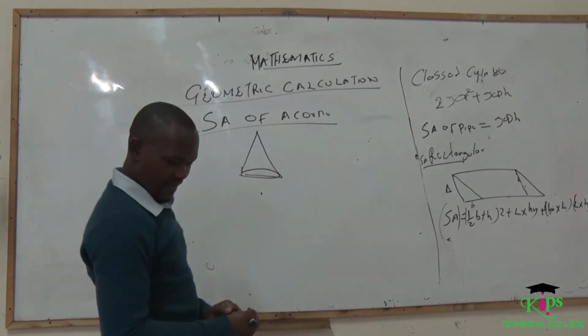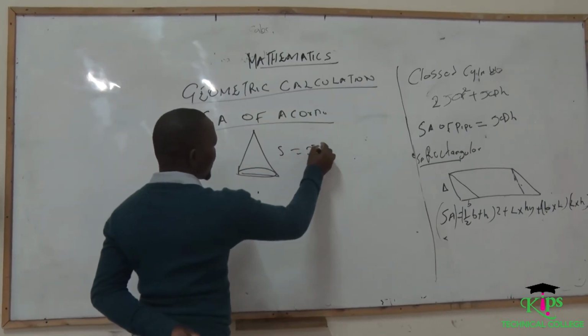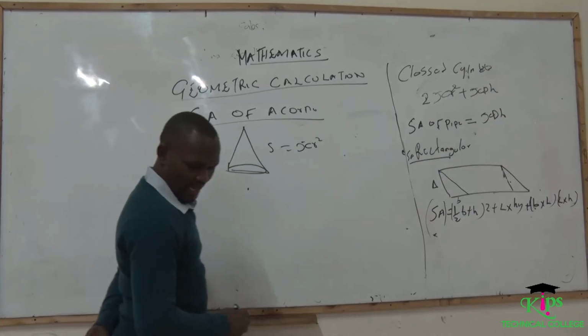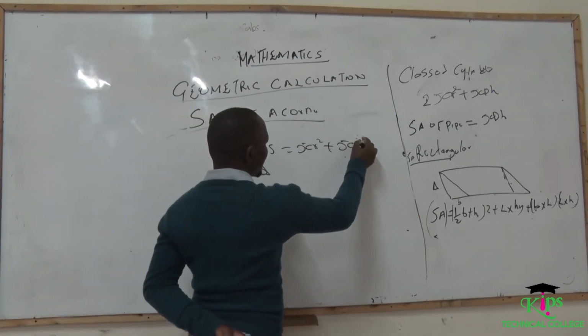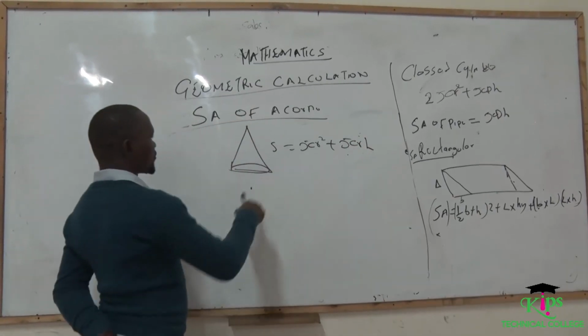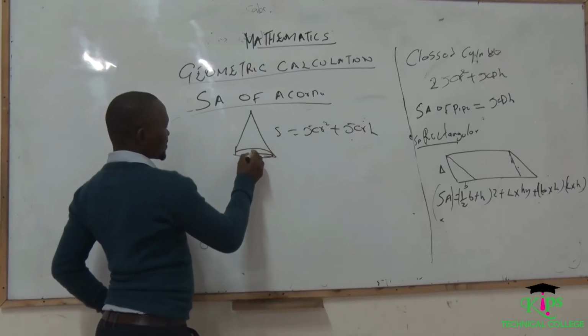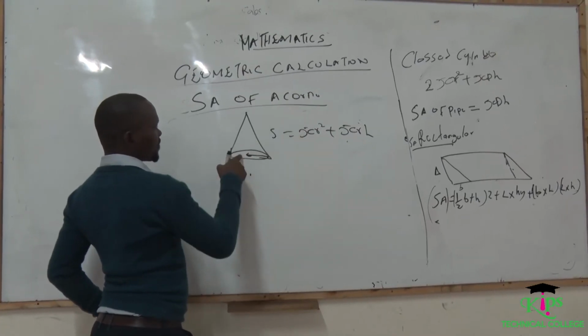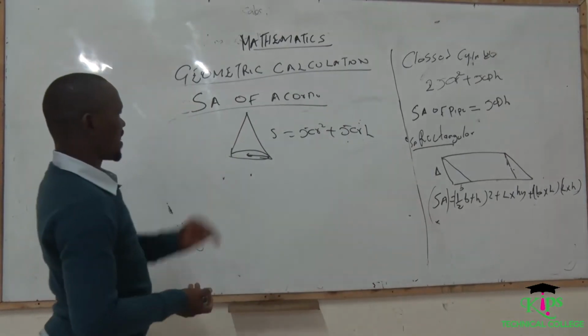The surface area is given as pi r squared plus pi r l. The pi r squared is for the circle, while the pi r l is for the curve.